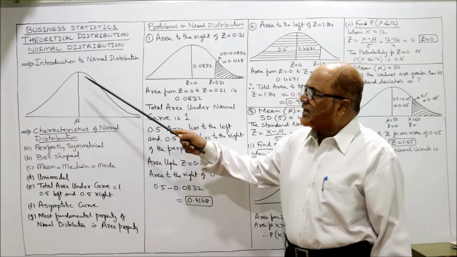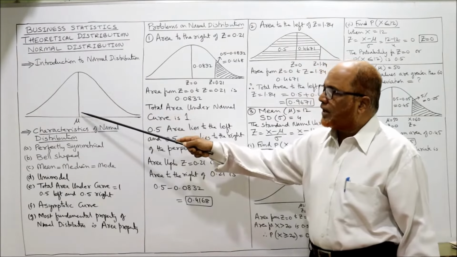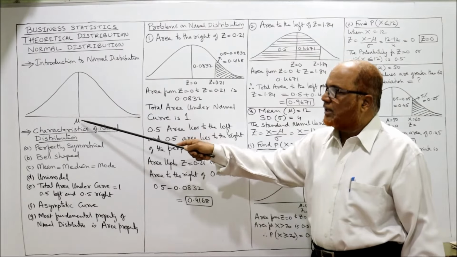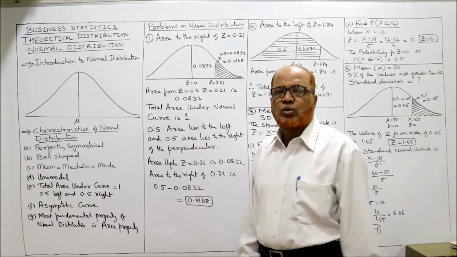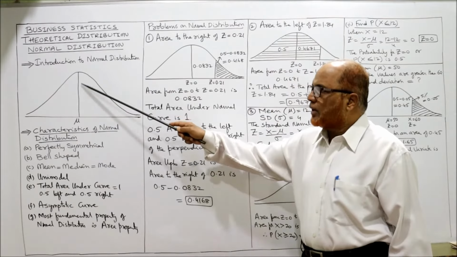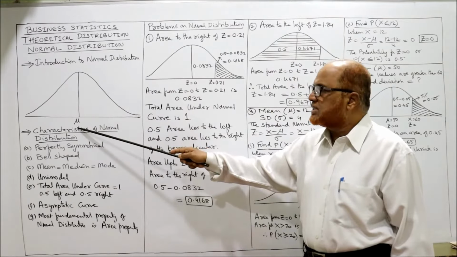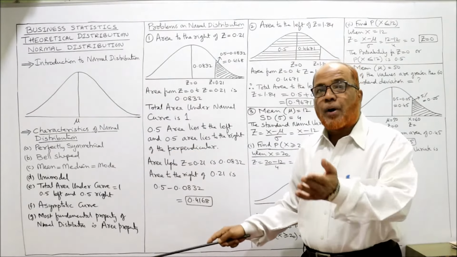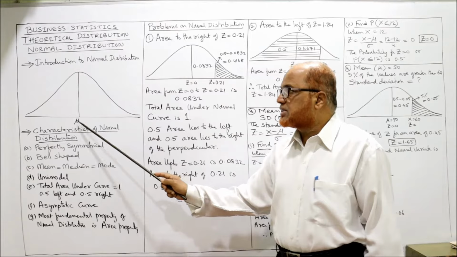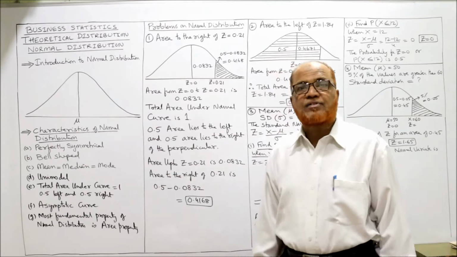Remember, the central value, the perpendicular drawn at the middle of the curve, will give you the mean, and at the mean value, z is equal to 0. Always, above the perpendicular is the mean mu and the value of z is 0. Now the value of z will be positive on the right side and negative on the left side.